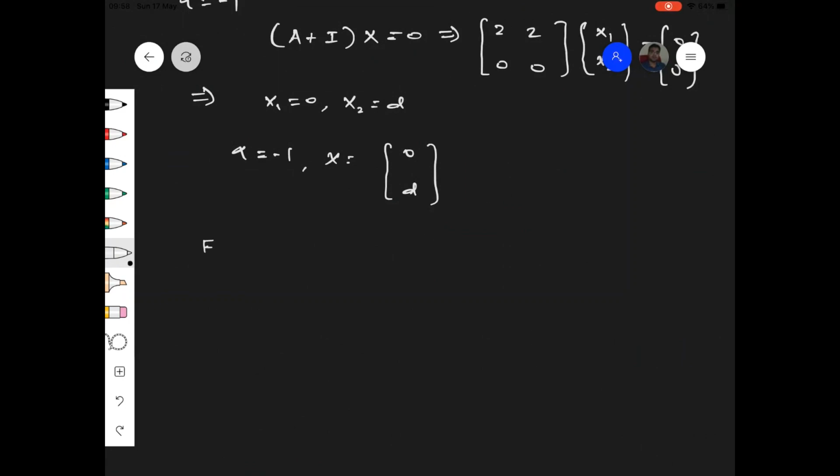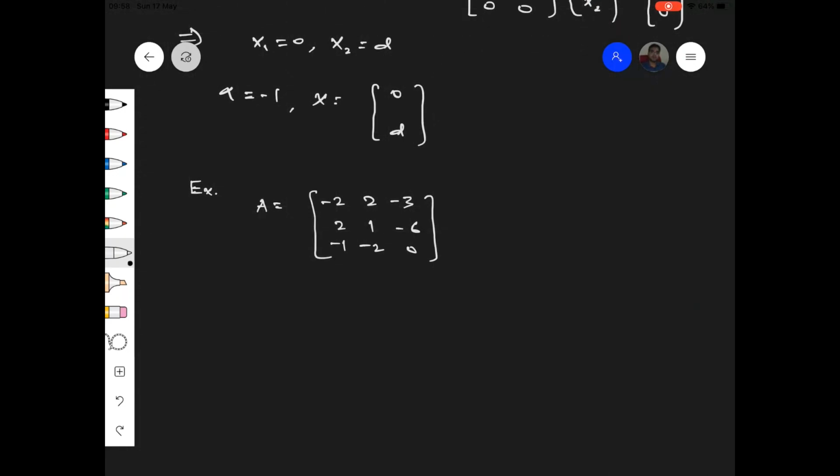Now let's take an example of a higher order matrix. This time we have a 3 cross 3 matrix which has these entries: minus 2, 2, minus 3, 2, 1, minus 6, minus 1, minus 2 and 0.